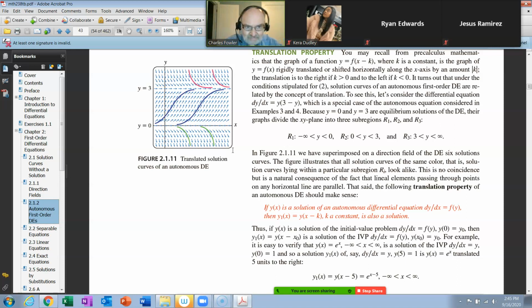Now, if you have an initial condition, such as you do down here, y of 0 equals y0, then that picks where you are. That picks which one of these curves you're on. So if y of x equals e to the x, for all real numbers x, is a solution for an initial value problem, that's dy/dx equals y.